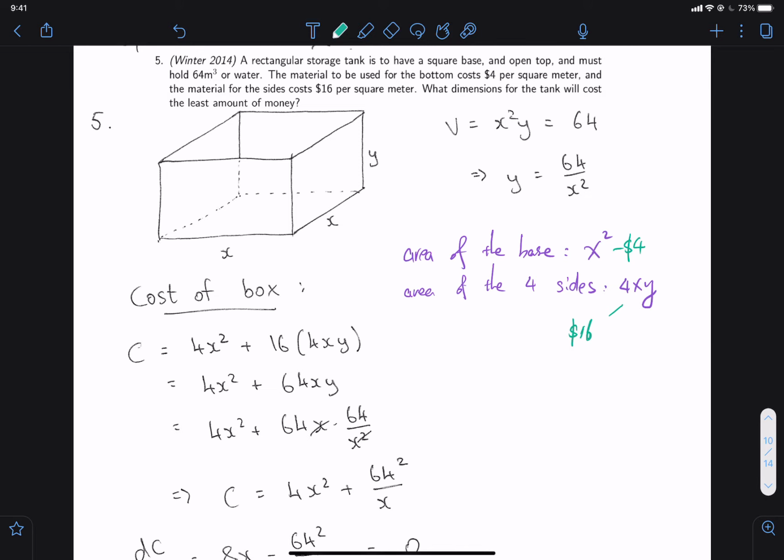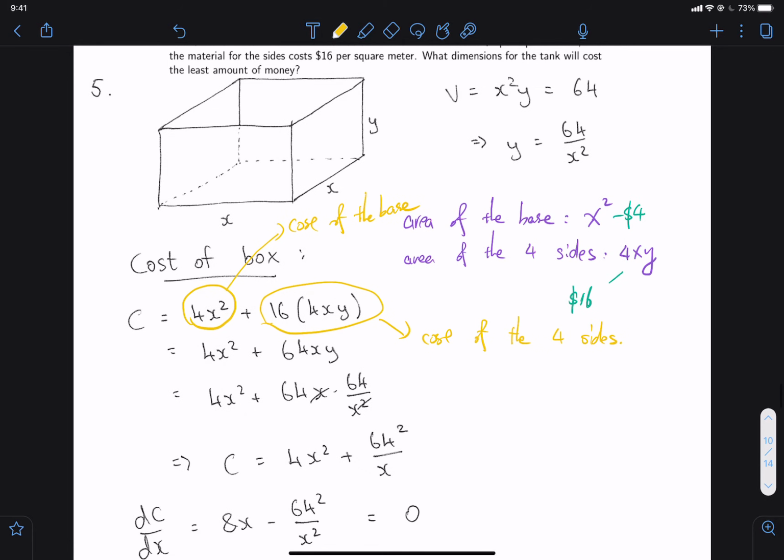So this thing here is the cost of the base. And the other one is 16 multiplied by the area of the 4 sides. That's going to give you the cost of the 4 sides. Okay, and then we add up the cost. That's going to be our total cost C.